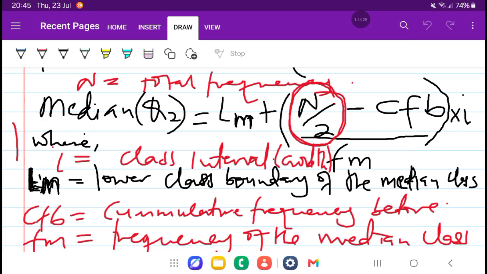But most of the times when the examiner is asking for this question, they always put the median. Sometimes they put the median as well. So you are not going to struggle with so many items.